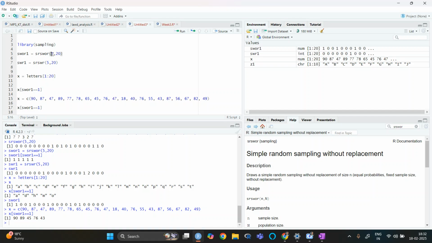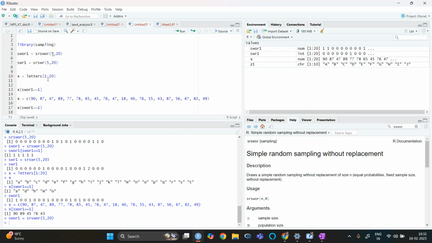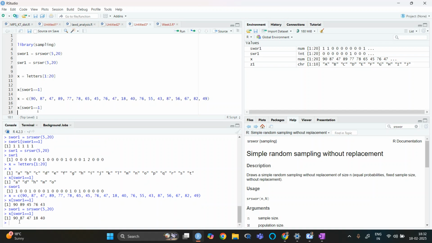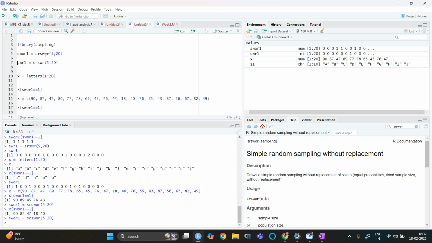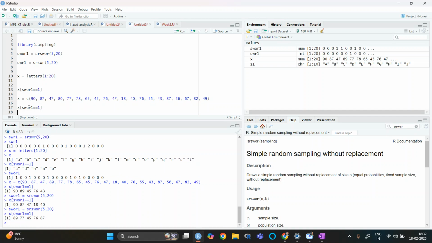If I do it again, SWOR1 is changed. Here you can see that the 87 is changed, and only 90 remains the same. The more times I use it, it will change the sample again and again.